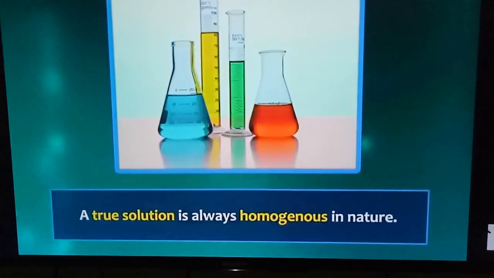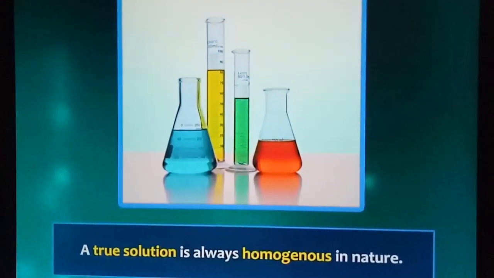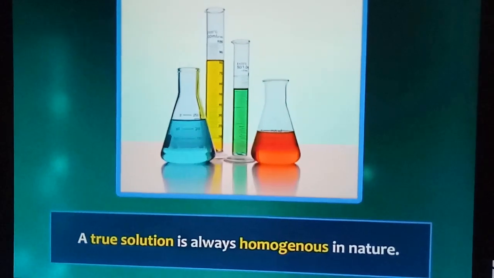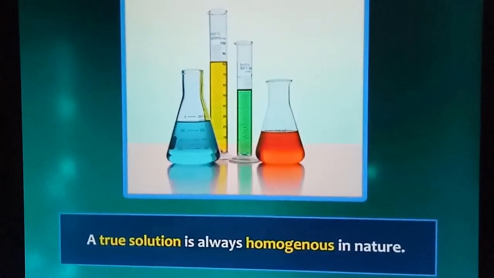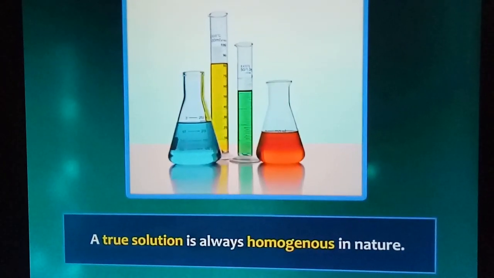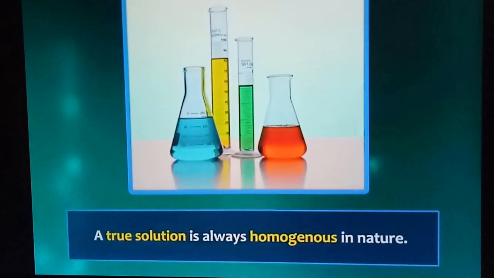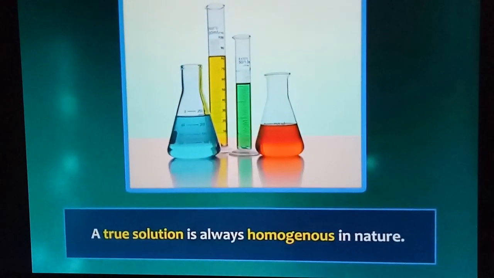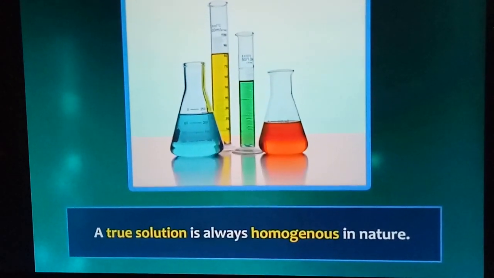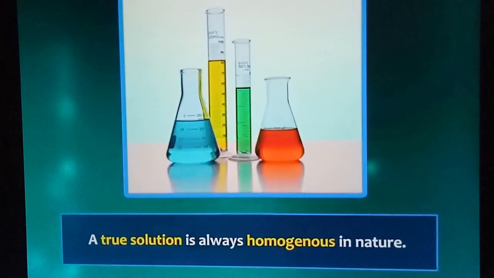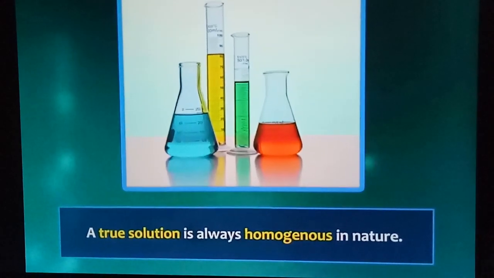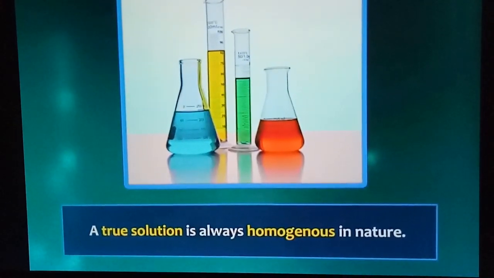Now, a true solution is always homogeneous in nature. Just remember it. As I told you previously, a solute is added in a solvent and the solvent is always in a larger quantity compared to the solute. For example, if you are making a lemonade, nimbu pani, what do you take in more content?